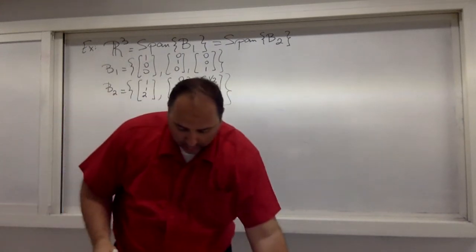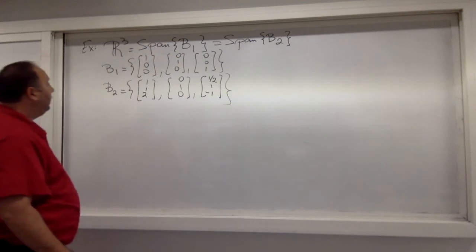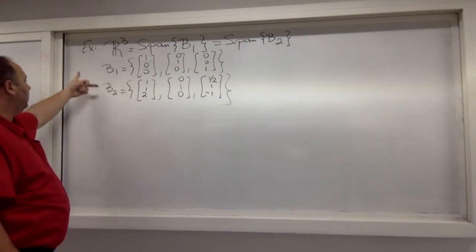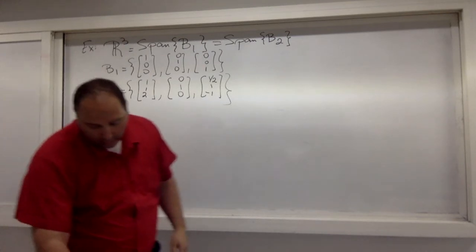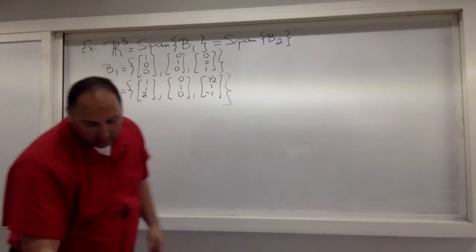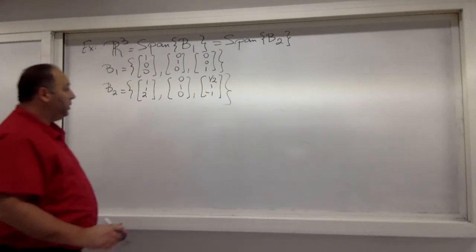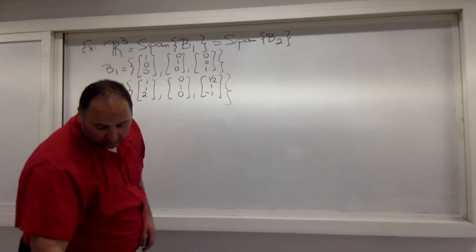Cool. So now what I want is to find transition matrices from basis B1 to B2, let's say, or from basis B2 to basis B1, whichever one is easier. And then I find the inverse of the other, or solve again, depends. It's the same thing.